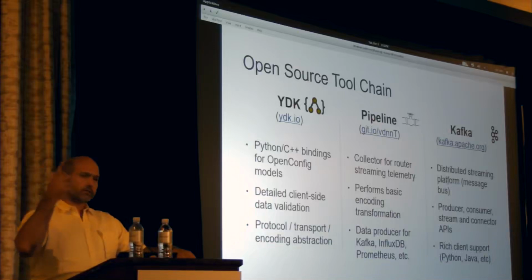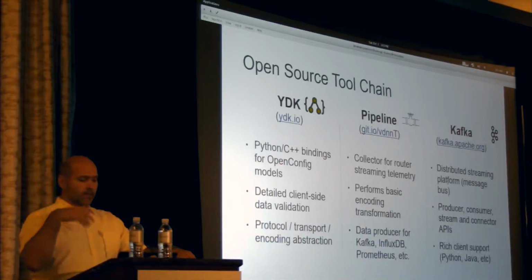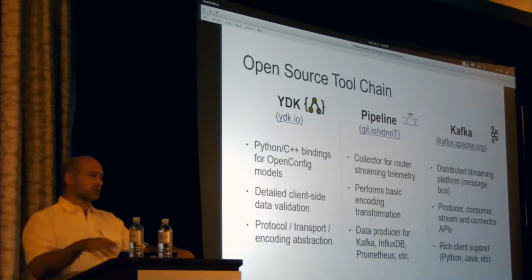And it takes care of not only giving me those classes and allowing me to create those objects, but also doing the data validation. So my script, before it sends any configuration to the router, the data will be validated. And the SDK also provides the abstraction of the communication to the router. In this testbed, we're going to be using NETCONF, and all those details are completely abstracted.